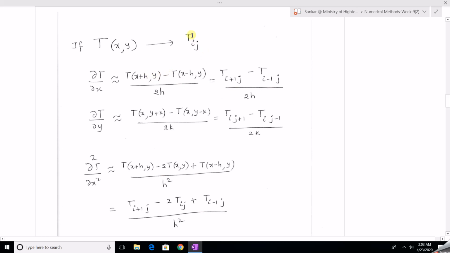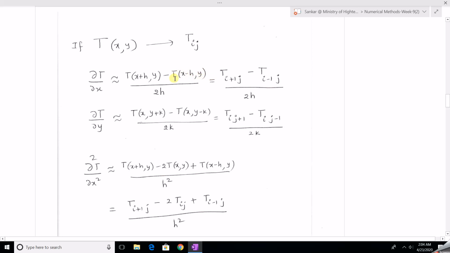Now using this notation, if T of x,y is denoted by T of i,j, then T of x plus h, y can be denoted by T of i plus 1, j. That means the function value of T at the next point, x plus h, y. So T of x plus h, y is denoted by T of i plus 1, j, minus T of x minus h, y.